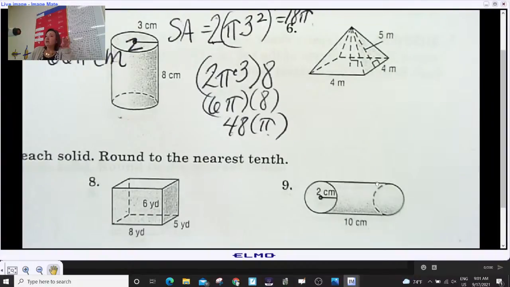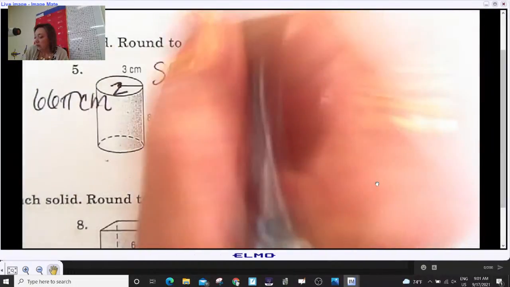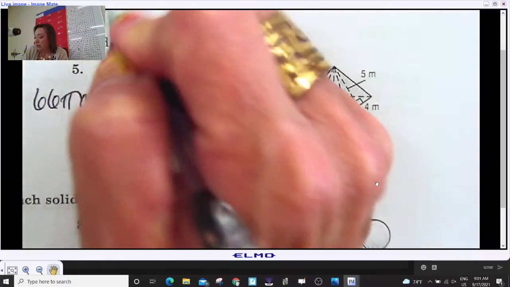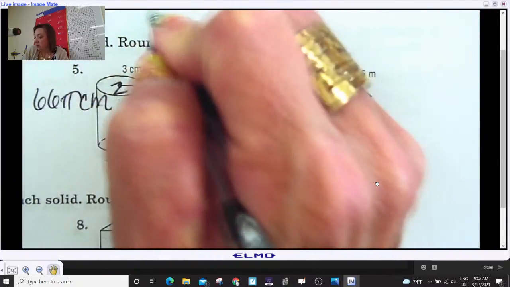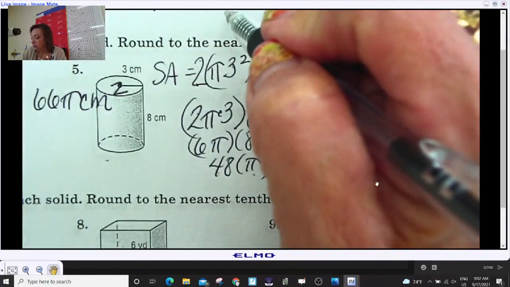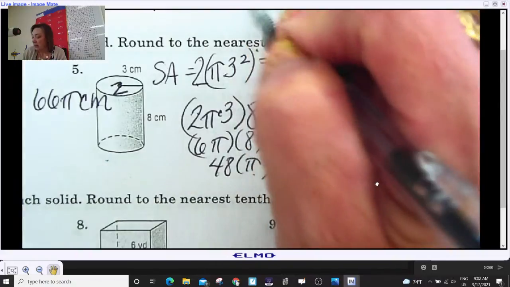Now, we could plug this in and do 66 times pi and get a decimal answer and round that. We're not going to do that right now. We're just trying to get through this quickly. But everybody see how you do that? So, the actual formula itself is 2 times pi r squared plus 2 times pi r times height.